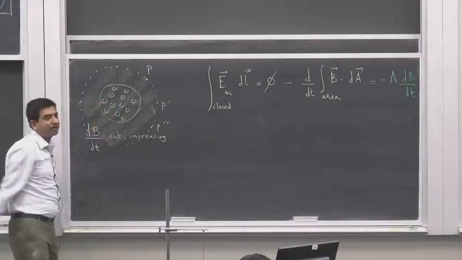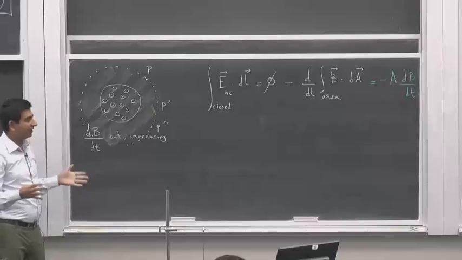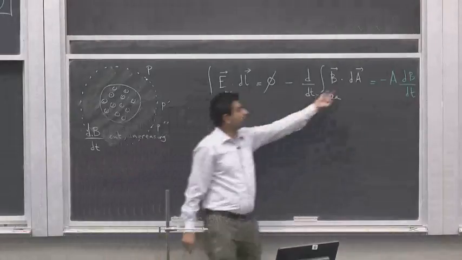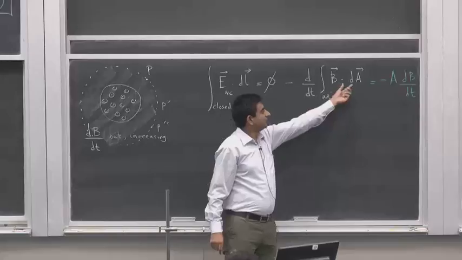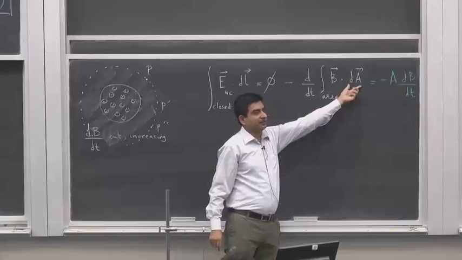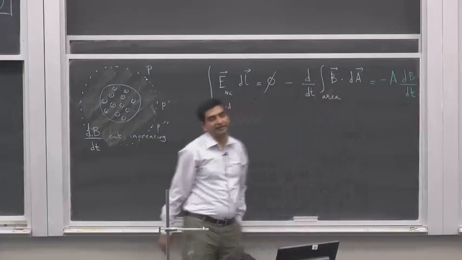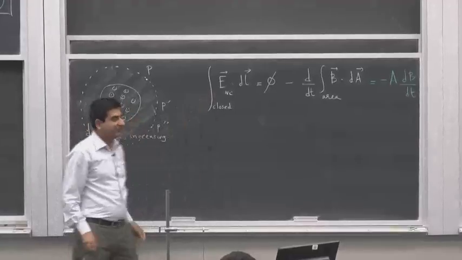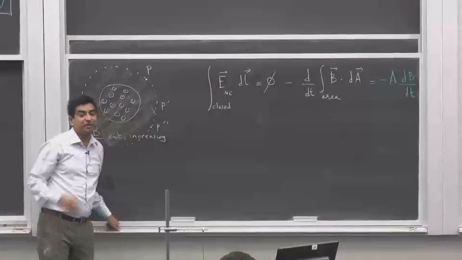Locally, the dot product is just unity, the angle is 0. So I can just take the local dot product, the angle is 0, which means that I can integrate dA separately, bring it out, and I get this relationship. Now this electric field will have a direction, and it's going to be a curly electric field.